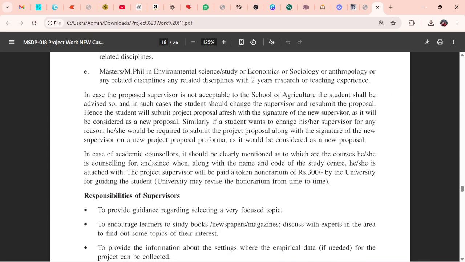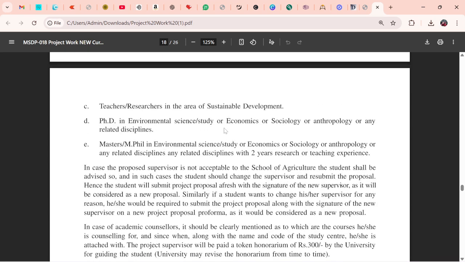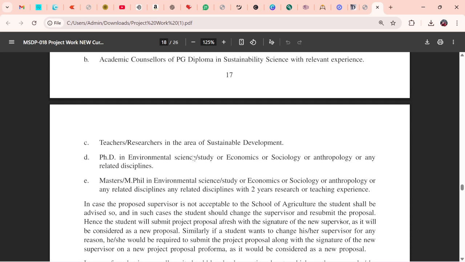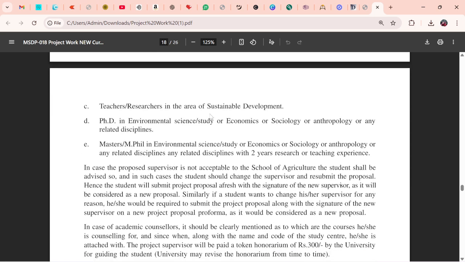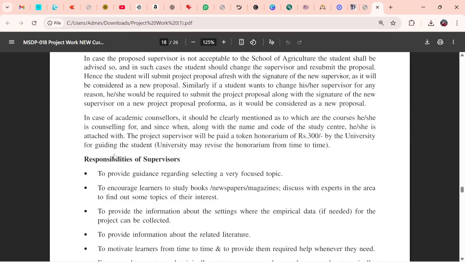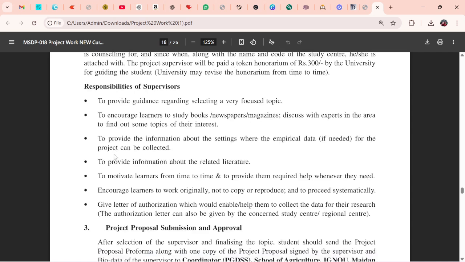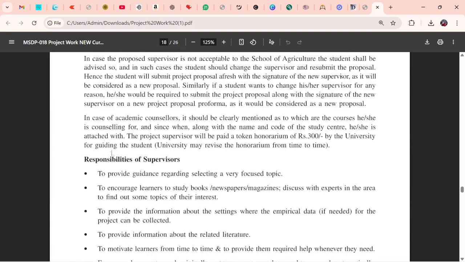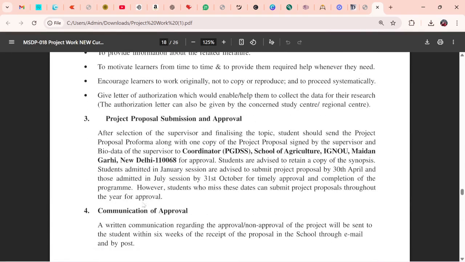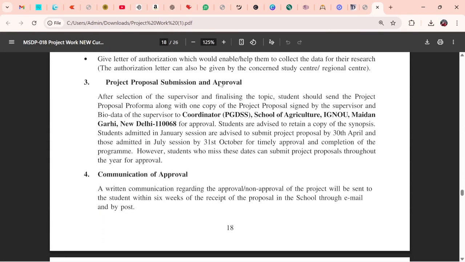So you have to understand that the supervisor's qualification would be like this, so IGNOU can accept your project under his guidance. And now these are the responsibilities of the supervisor. You can read it in brief: project proposal, submission, and approval.